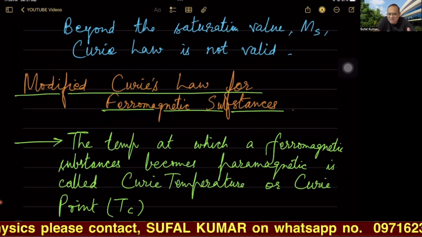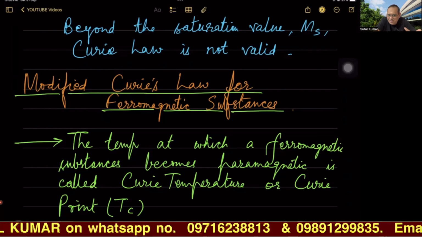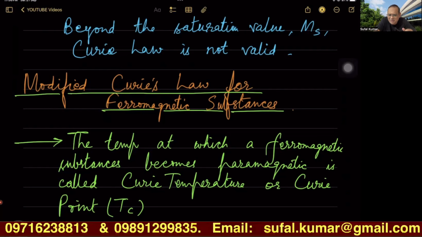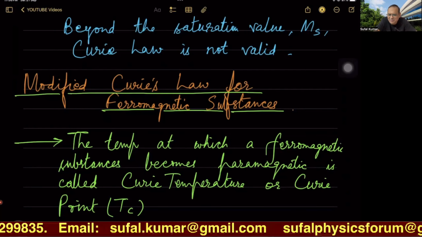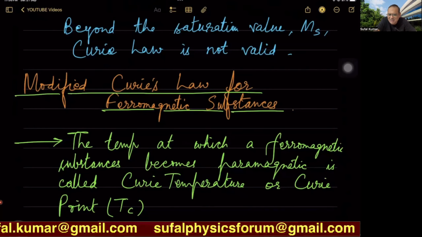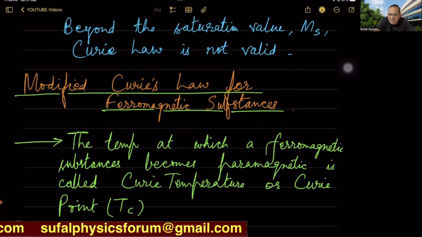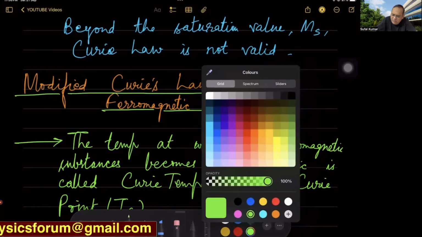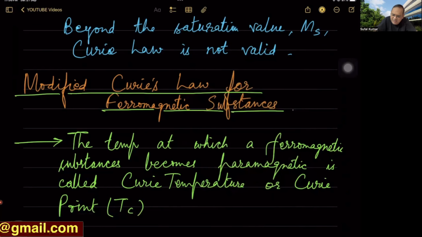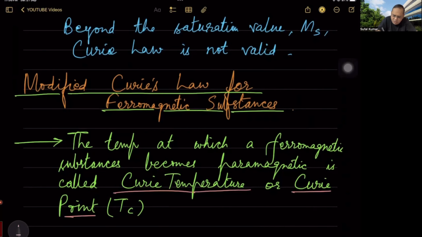That means there is a huge loss of a very big characteristic related to magnetism as we increase the temperature of any magnetic material. Now I want to underline the Curie temperature or Curie point.